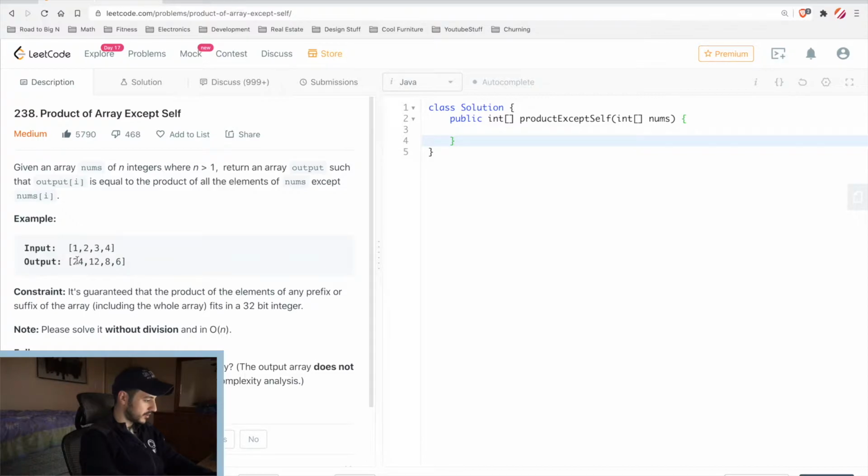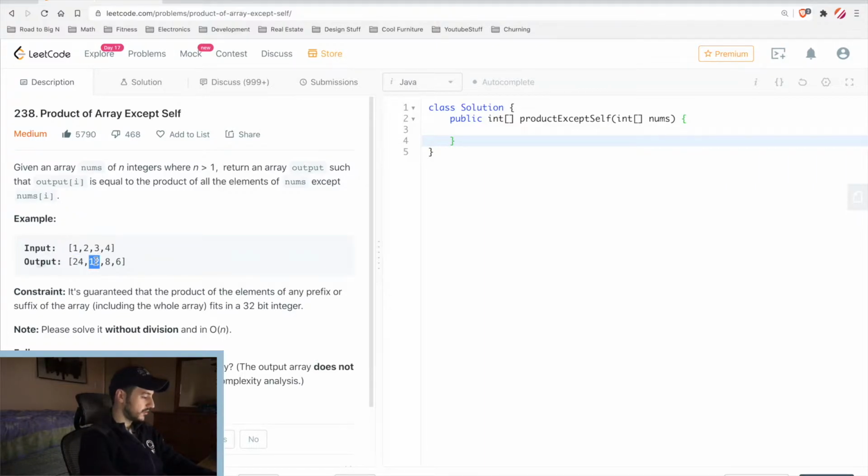So we can see here that in the output array, for this spot, index equal to 0, we're giving the product of 2 times 3 times 4, and we're excluding the 0th index of the input array.